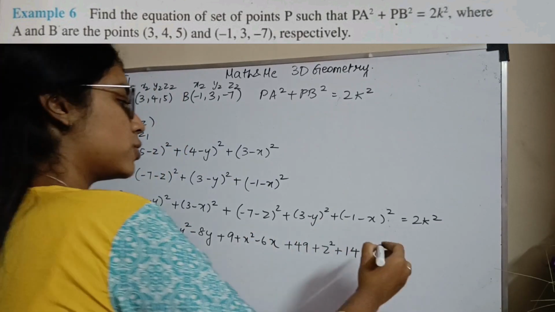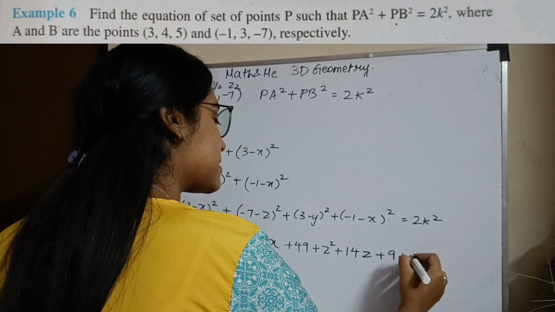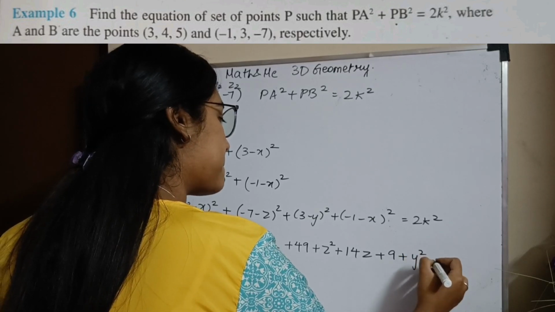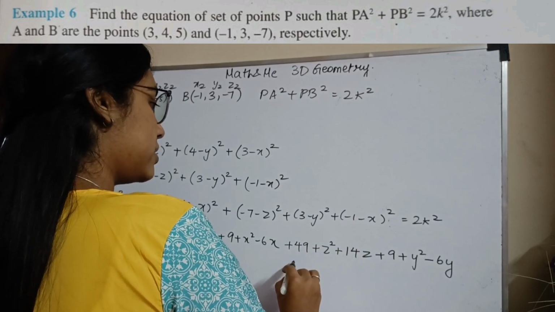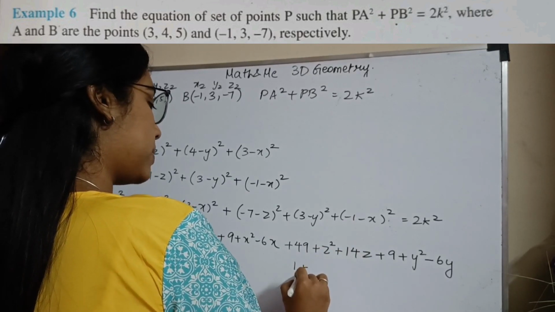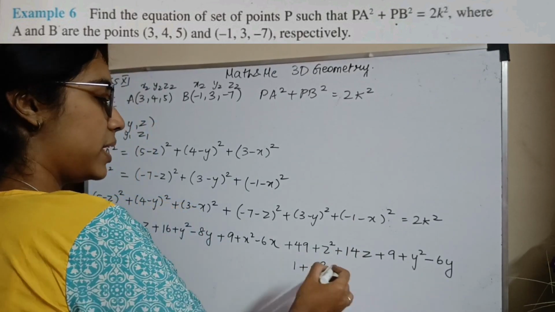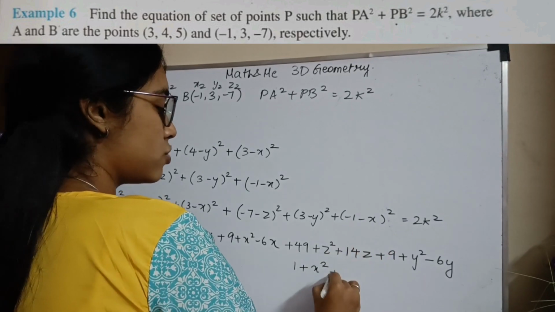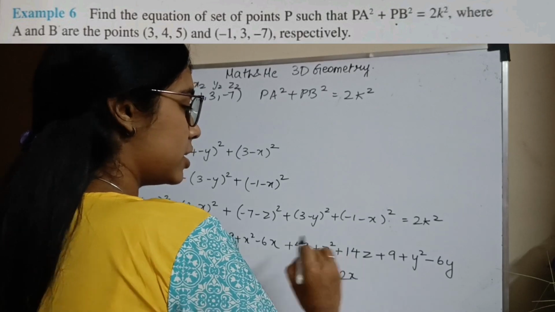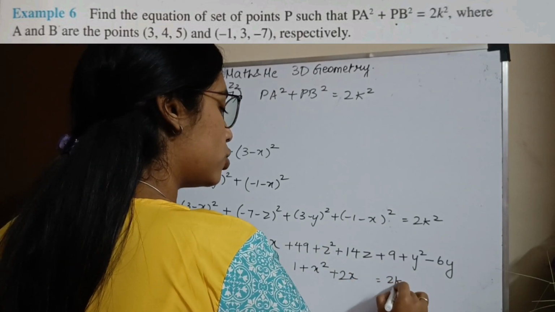Then 3 minus Y the whole square is 9 plus Y square minus 6Y. Then minus 1 minus X the whole square is 1 plus X square minus 2AB, so 2 times minus 1 times X. 2 times minus 1 is minus 2, so it becomes plus 2X, equals 2K square.